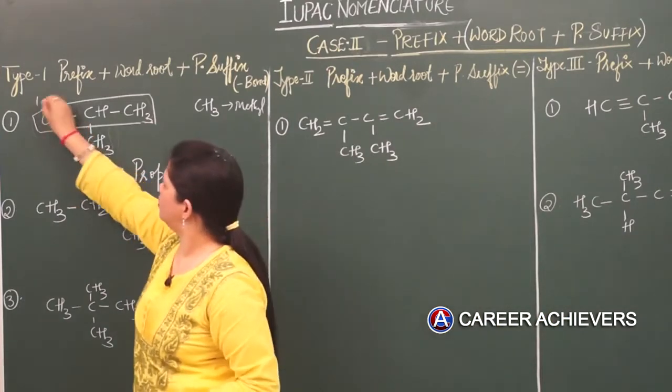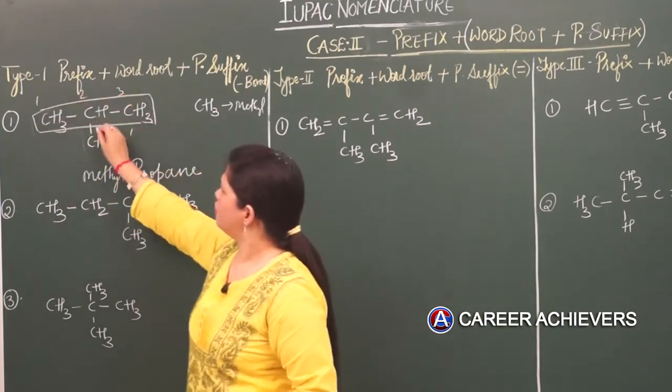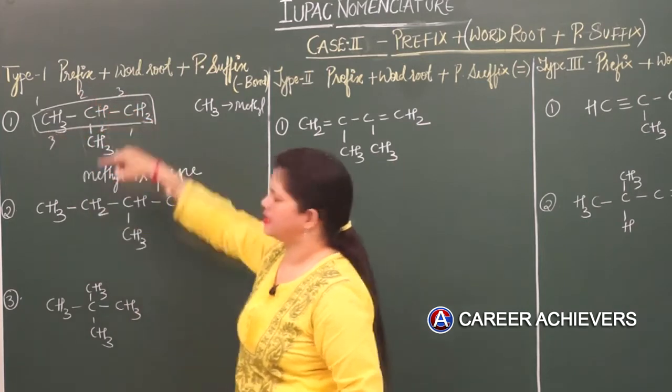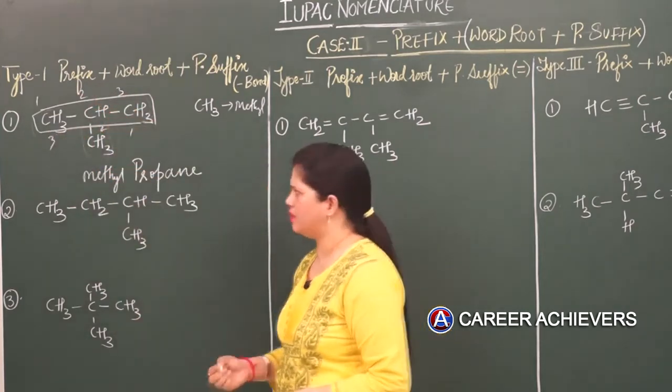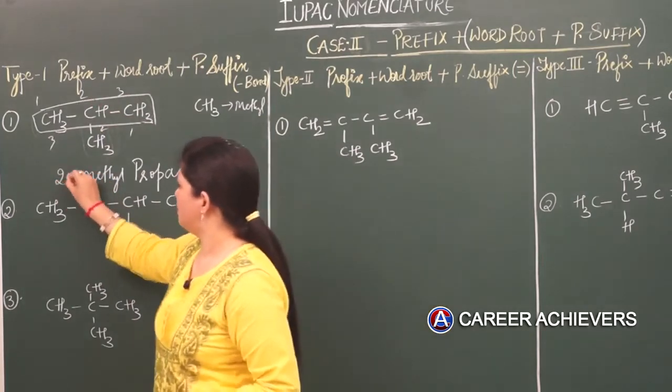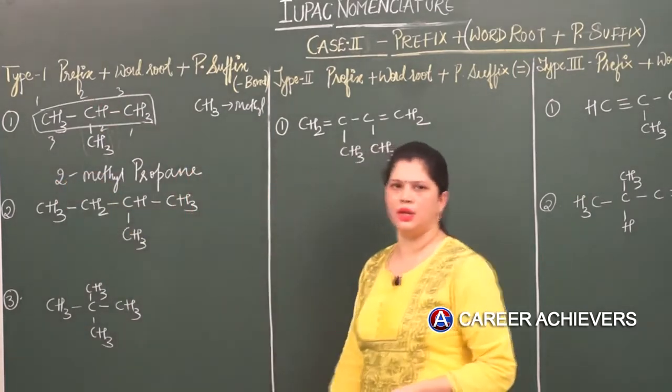So again the numbering would be done. From both sides you can see that this is coming on the second carbon, so either numbering can be taken. So the name of this molecule would be 2-methylpropane.